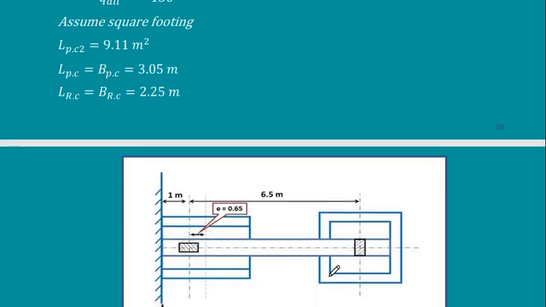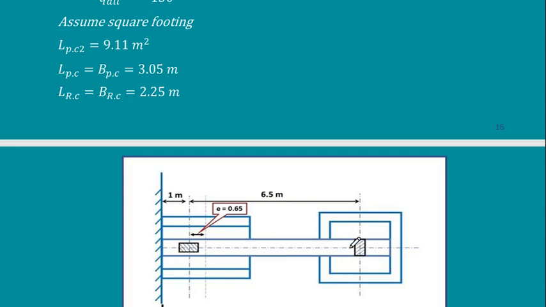Of course here, because we have a strap beam, the effect of the column is not very clear, because when I have a strap beam like this, the length and breadth of the column are just inserted inside this beam. So what is reaching the footing is the beam and not the column.